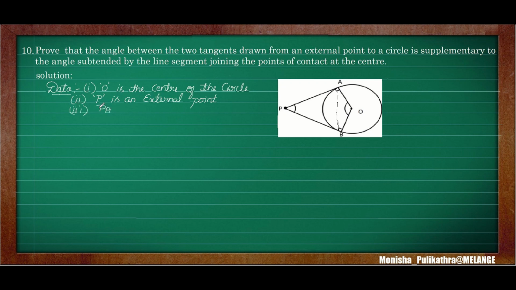So PA and PB are the tangents, and here OA and OB are the radius, and AB line segment is joined.